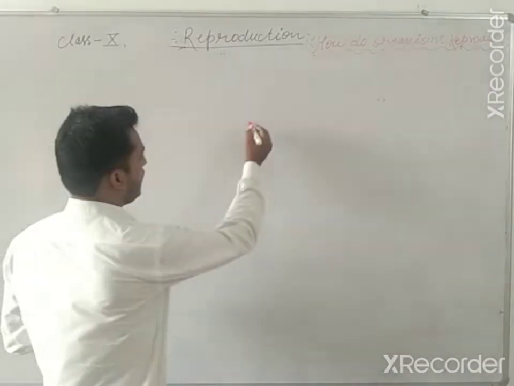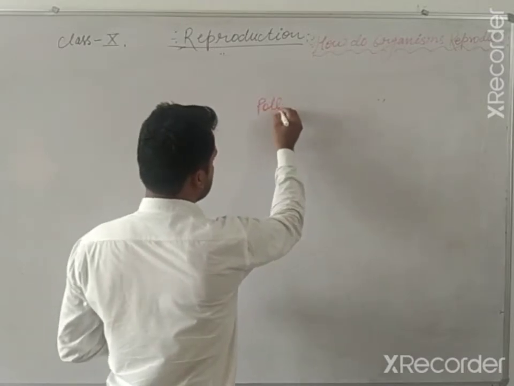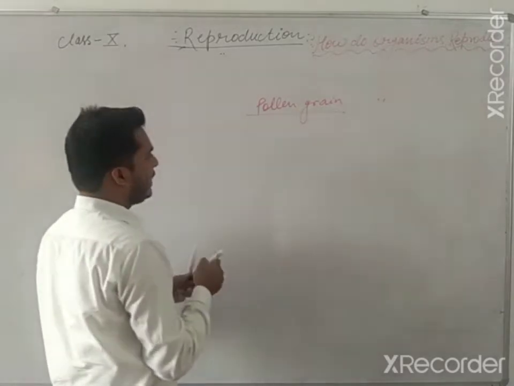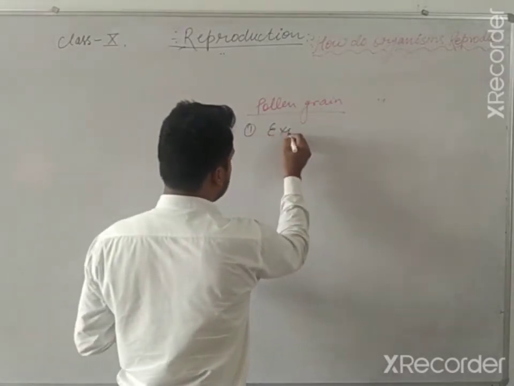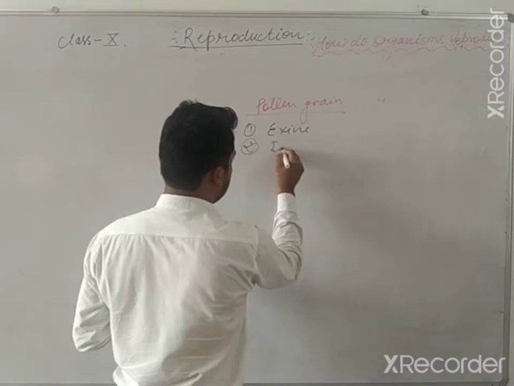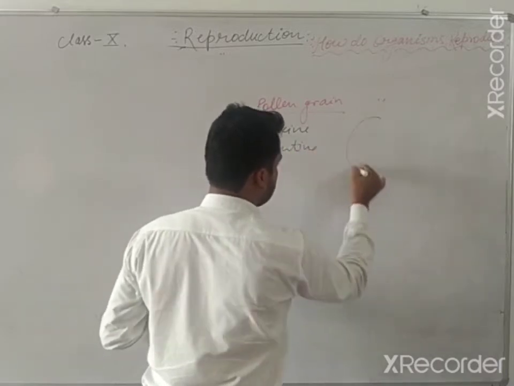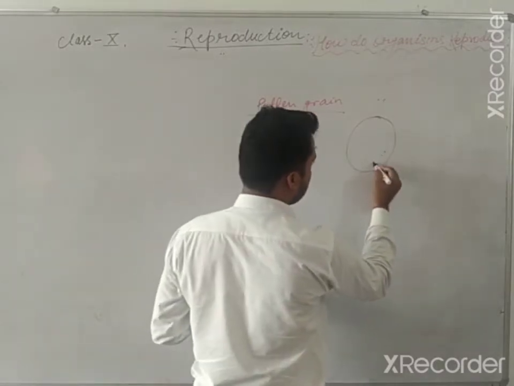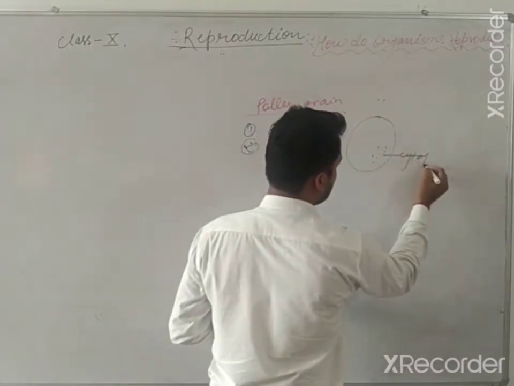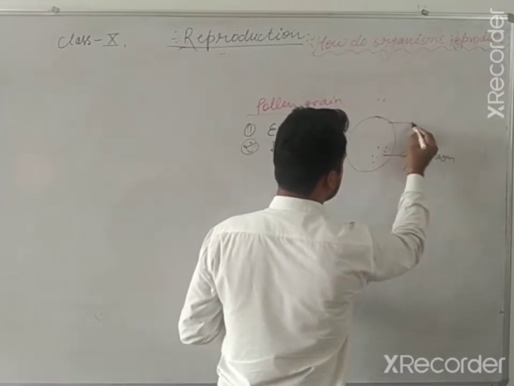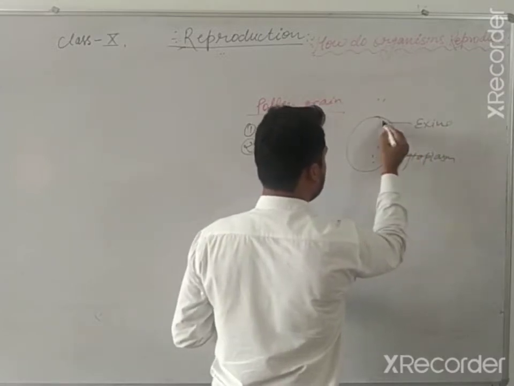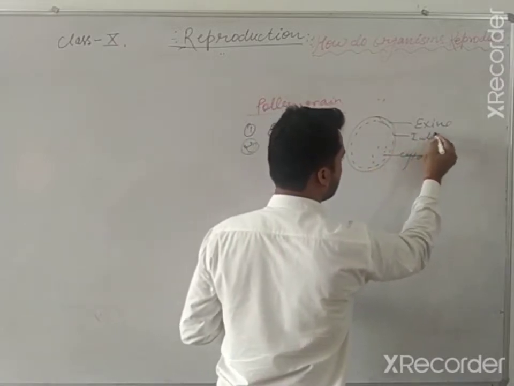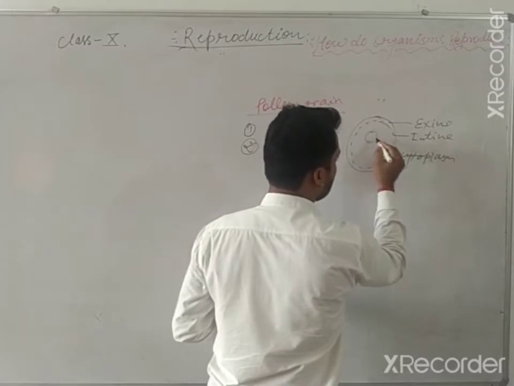The pollen grain contains 2 portions, that is exine and intine. This is the structure of the pollen grain. It consists of cytoplasm. This is your exine portion and this is your intine portion. This is your tube cell.